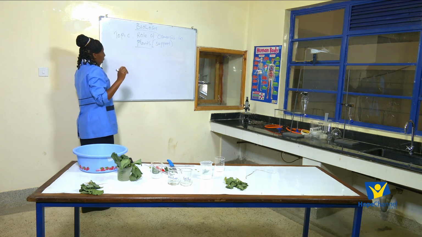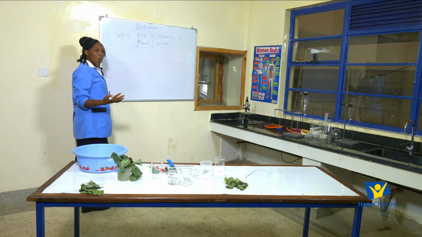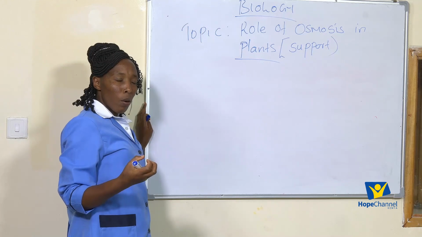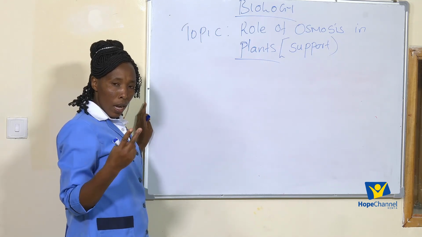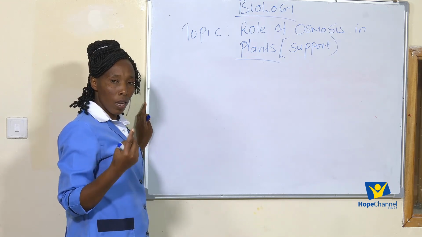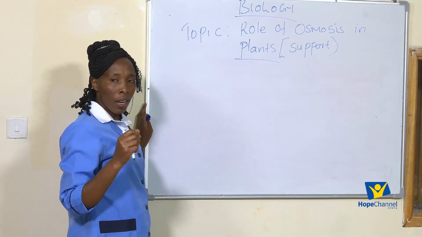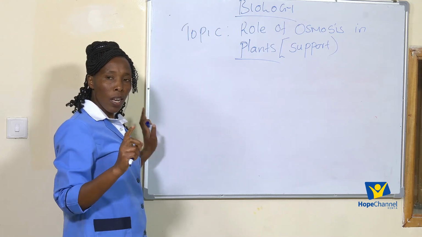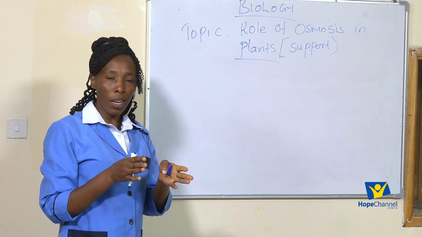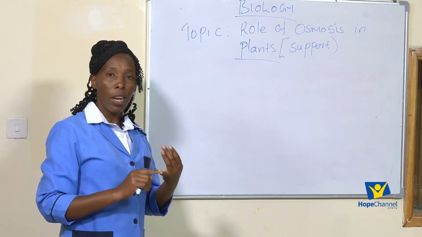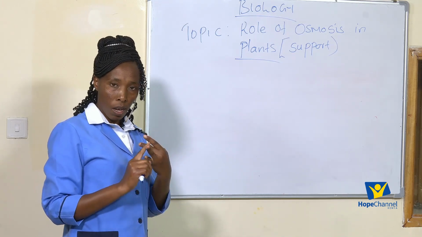When we talk about a plant cell, what is so unique about it? We realize that a plant cell has a cell membrane and it has a cell wall, unlike an animal cell. An animal cell has only the cell membrane. But a plant cell has the cell membrane and, at the same time, the cell wall.